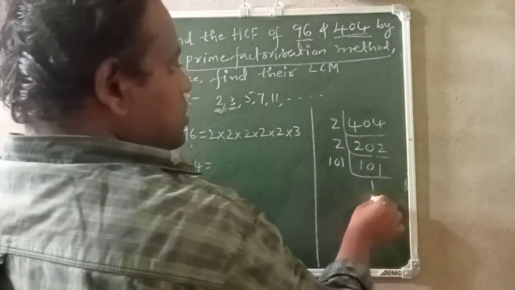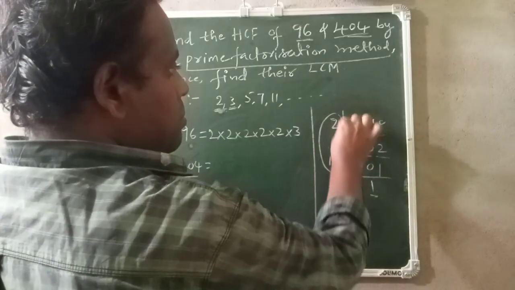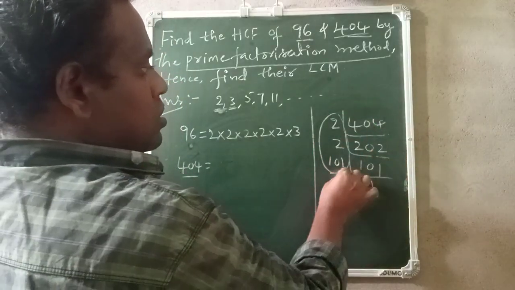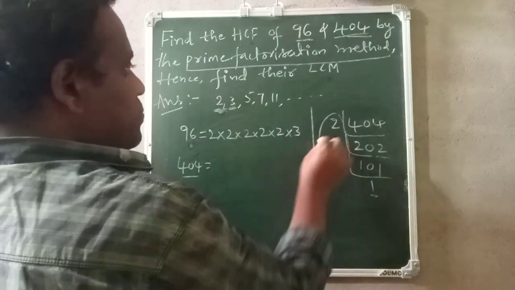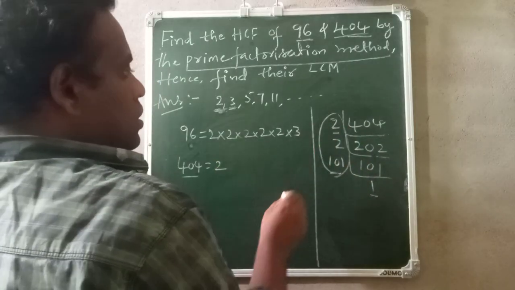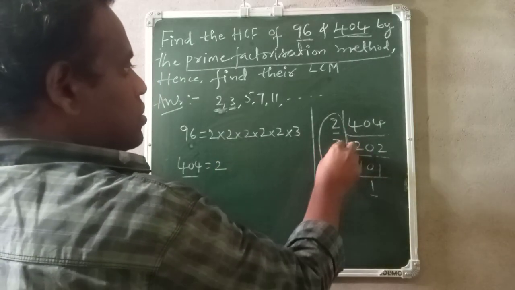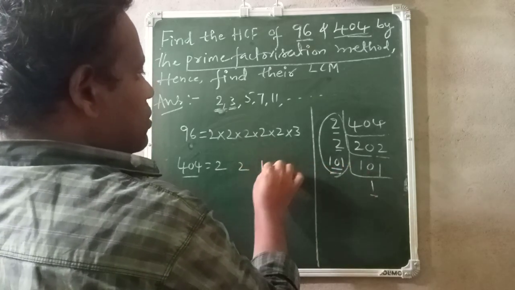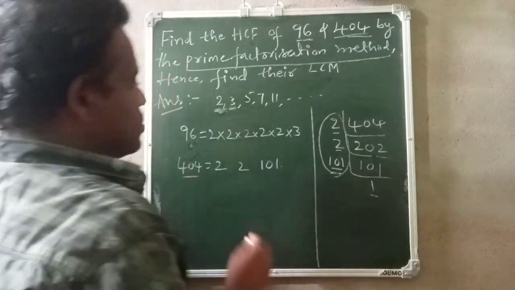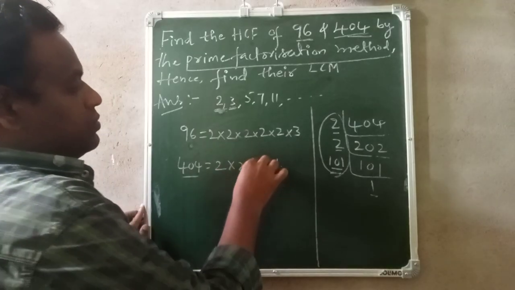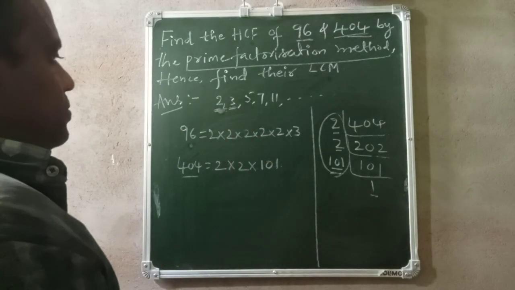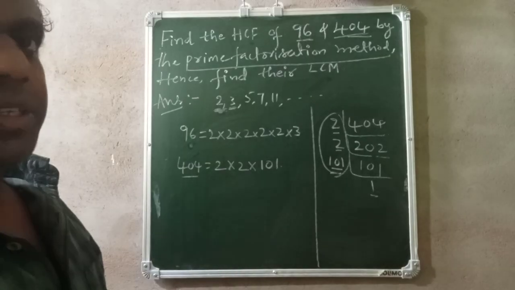So whatever prime numbers were used for division, take them and write here. First 2, leave some space, next another 2, next leave some space, next this 101. In between, put into. Now see, into means product.